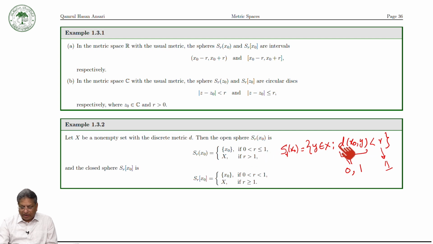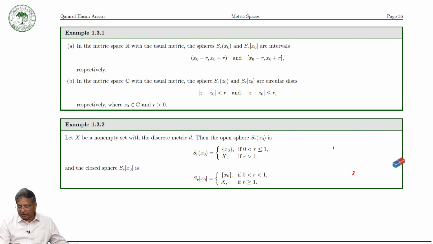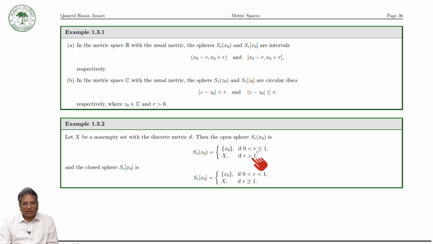So here you will get the set equal to x0. Otherwise, when r is strictly greater than 1, then this would be the whole space. So this way you can see that the open sphere with center at x0 and radius r in the discrete metric space is equal to x0 when r lies between 0 and 1, and the whole space when r is greater.